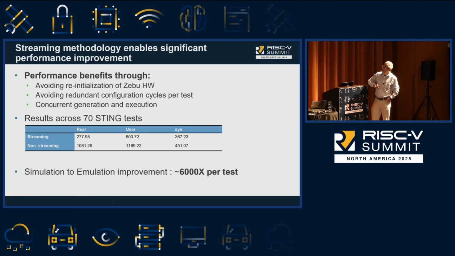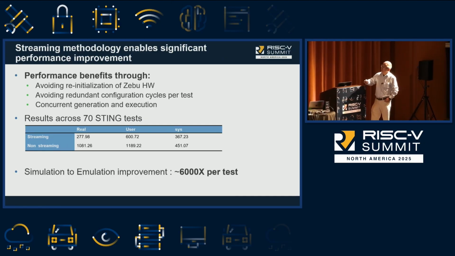Now, the streaming method we explained here can provide better performance when compared with a traditional emulation flow, for different reasons. For example, this streaming method will avoid the reinitialization of the ZeBu for each test.